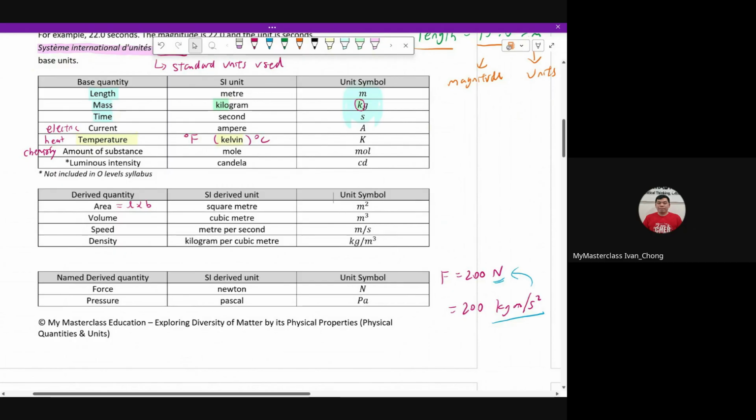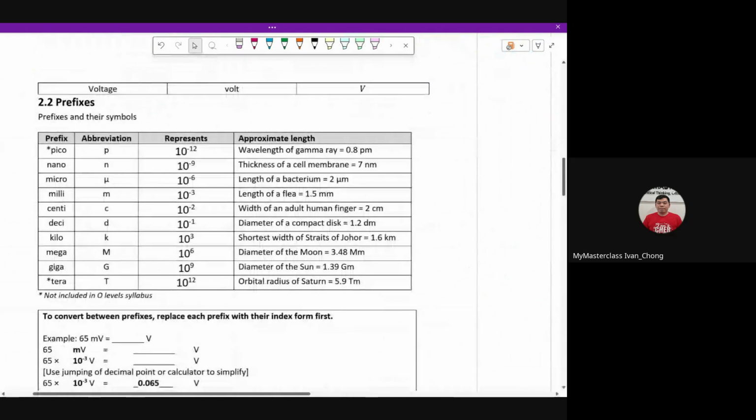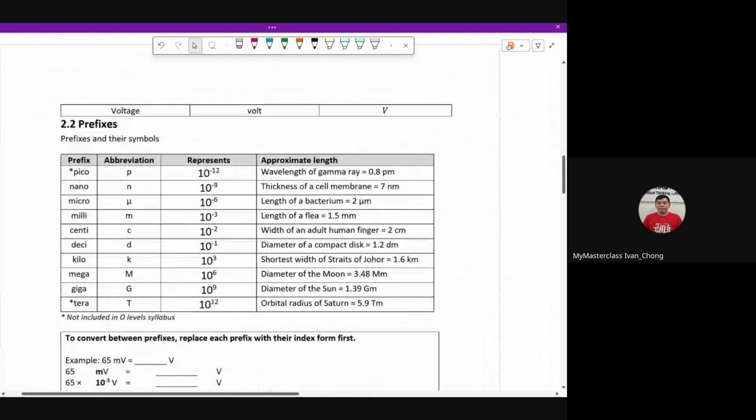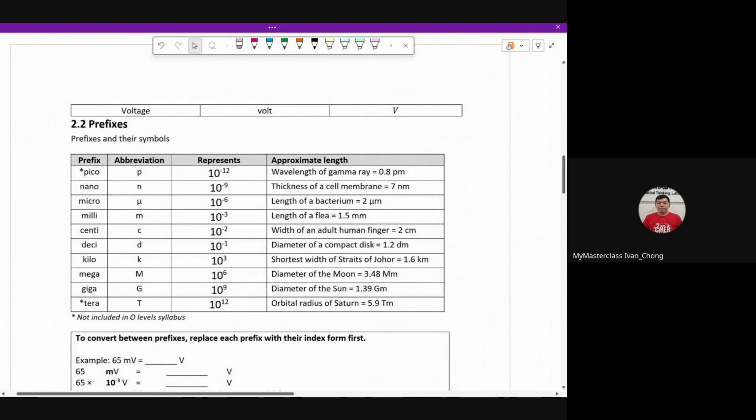Whenever we want to calculate anything or use formulas, we try our best to always convert to SI units first before we use the formula, to avoid careless mistakes. Now, just now I mentioned your kilo being a prefix, right? Prefix, pre means before, so before the unit.